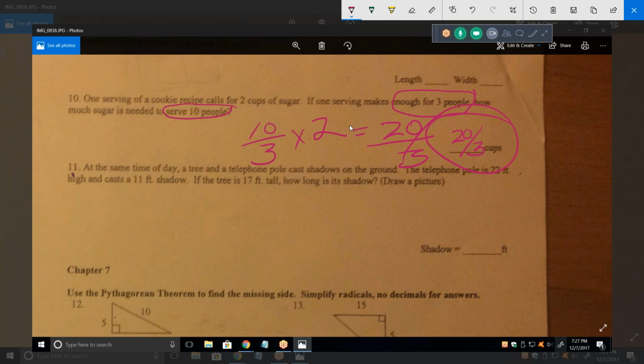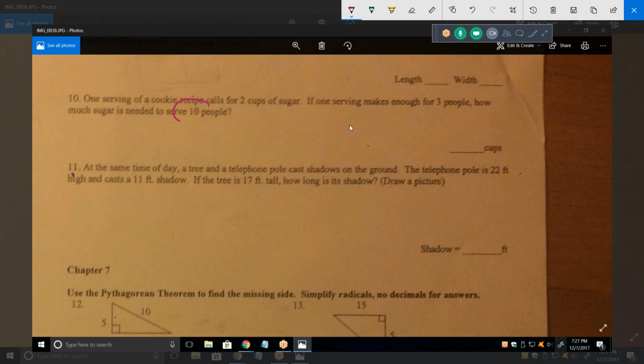Okay. An easy way to look at this would be, what if I was serving 6 people? Now you don't have to use any math. If I had to serve 6 people, how many cups of sugar am I going to need? Yeah, so you were able to do that just intuitively. You knew that 6 people was twice 3 people, so I'm going to need twice 2 cups.